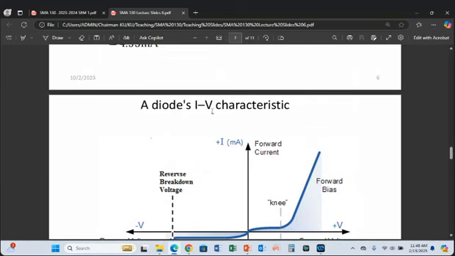Anybody with a question? This curve has a name: the characteristic curve.